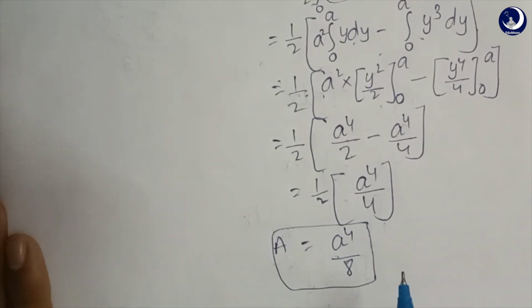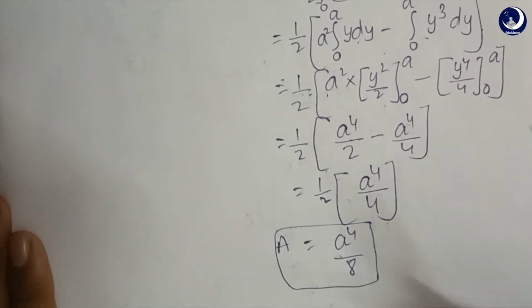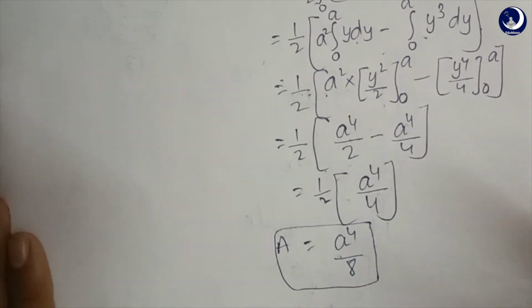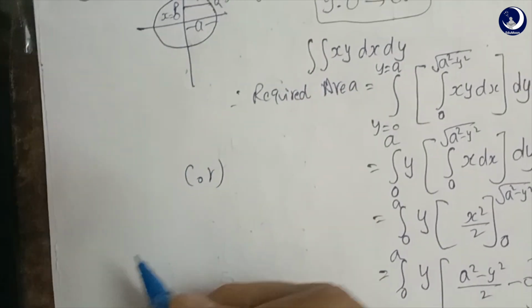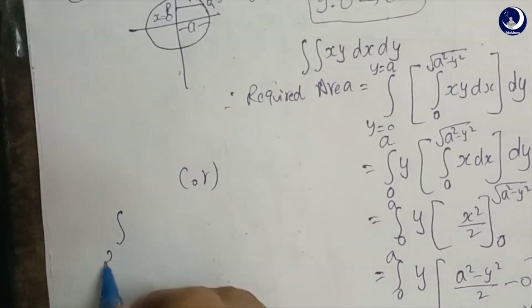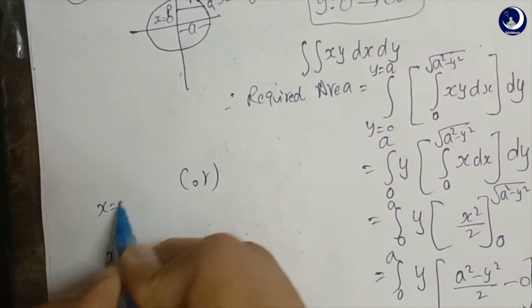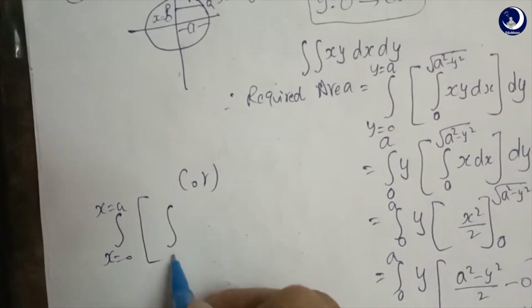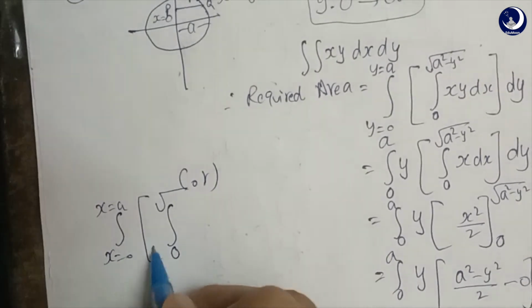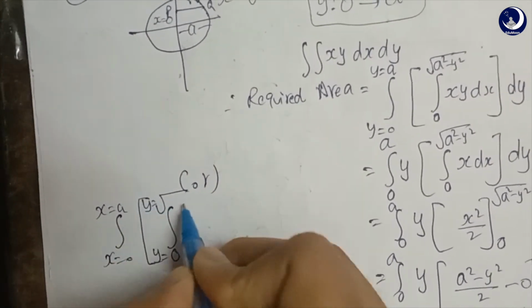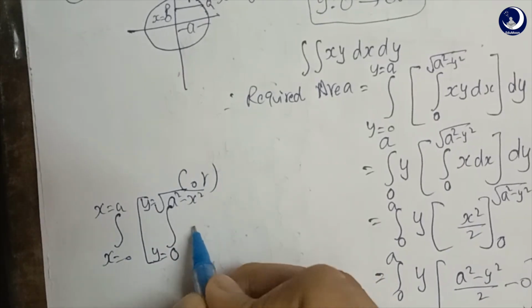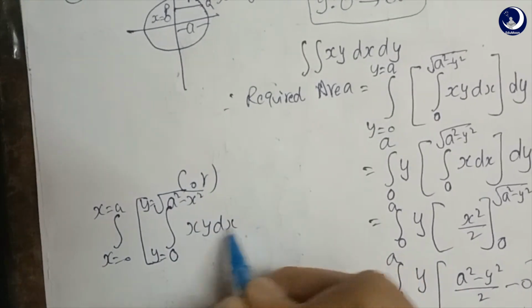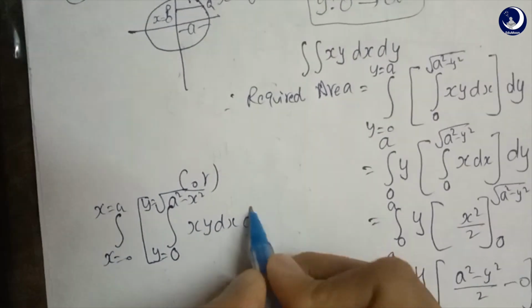So here we took x limits as variables and y limits as constants. Suppose, for example, you take y limits as variables, then you must write x equal to 0 to x equal to a, y equal to 0 to y equal to root over a square minus x square, into xy dx dy.